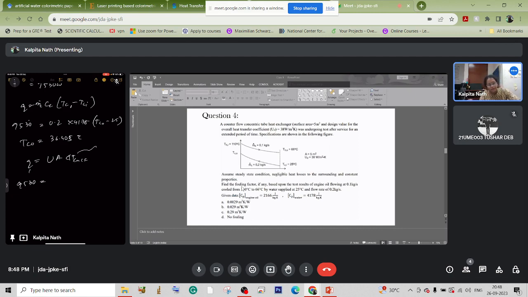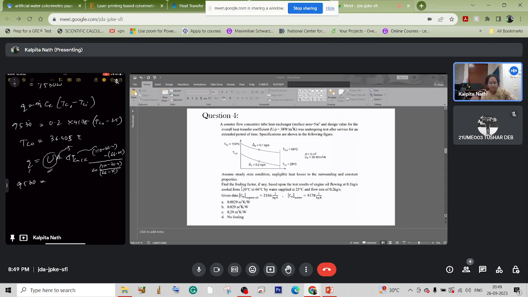This will be (T_h,in minus T_c,out) minus (T_h,out minus T_c,in) upon ln of (110 minus 36.4) over (66 minus 25), and area is 5 meter square.